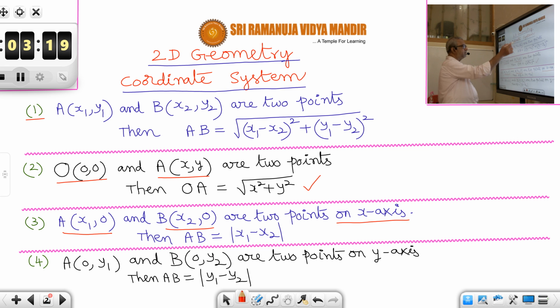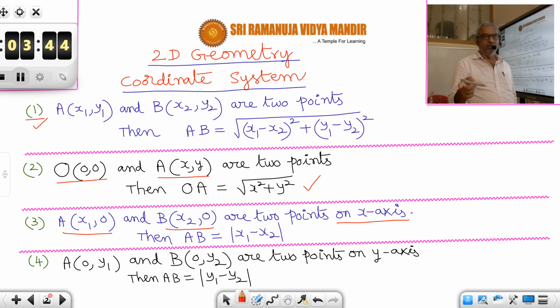Okay, so what is the actual distance formula? If you apply the actual first formula here, you will get root of (x1 minus x2) whole square plus (0 minus 0) whole square. That means it is equal to root of (x1 minus x2) whole square. What is root of (x1 minus x2) whole square? Mod of x1 minus x2.